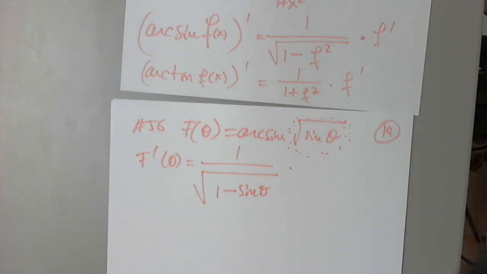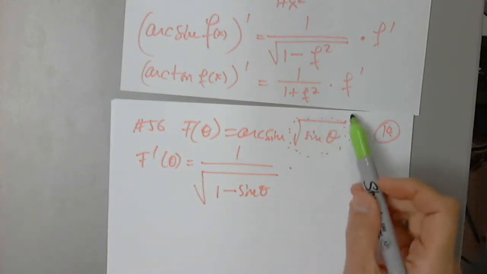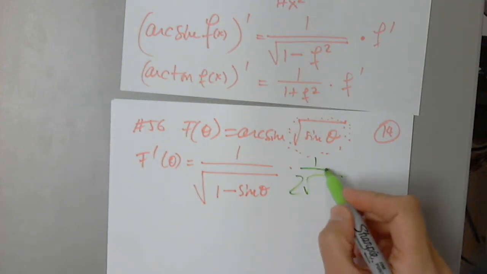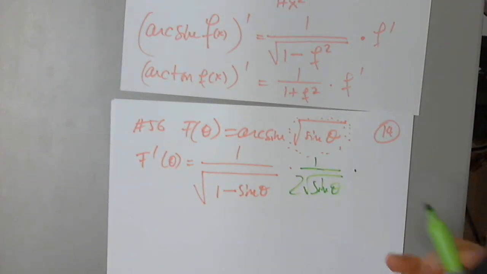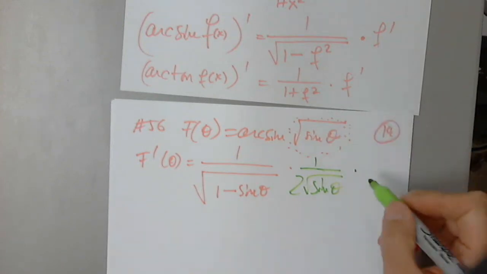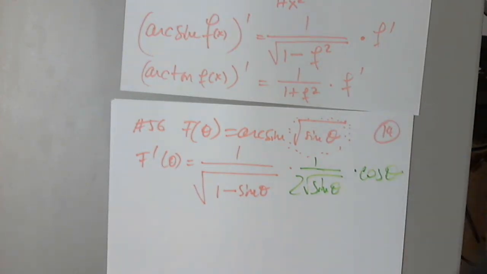I have to differentiate the square root now. What will that be when I differentiate the square root of a function? 1 over 2 the square root of sine theta. But now times cosine theta. You don't have to do anything else. You can leave it alone. Any questions?